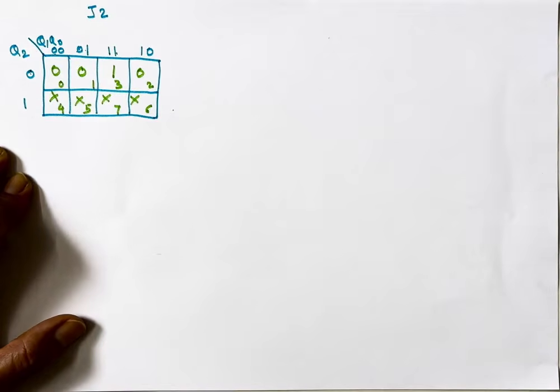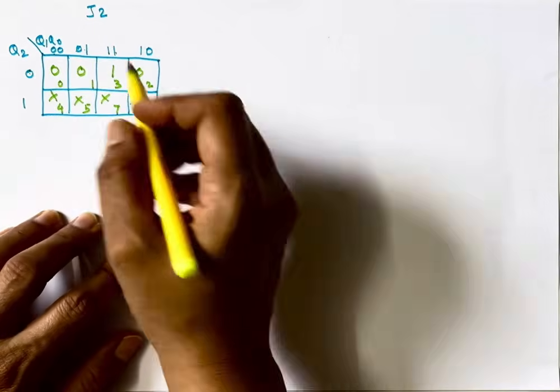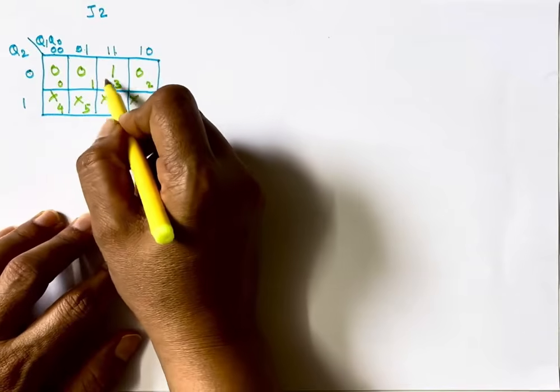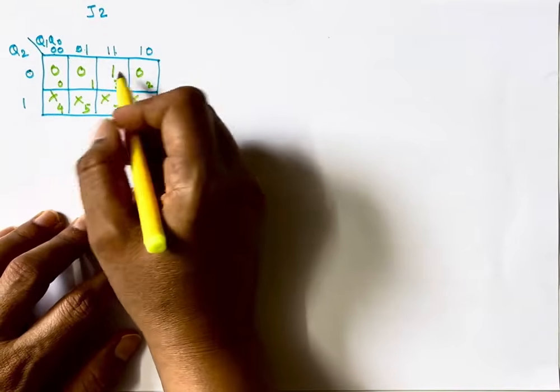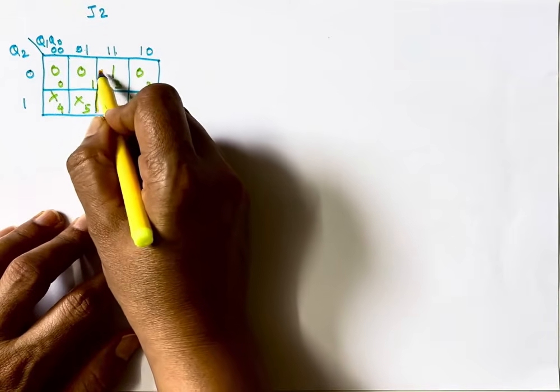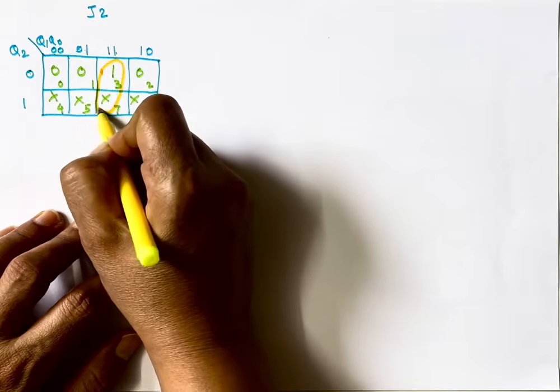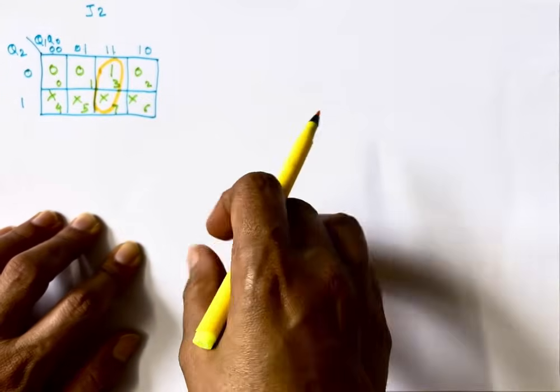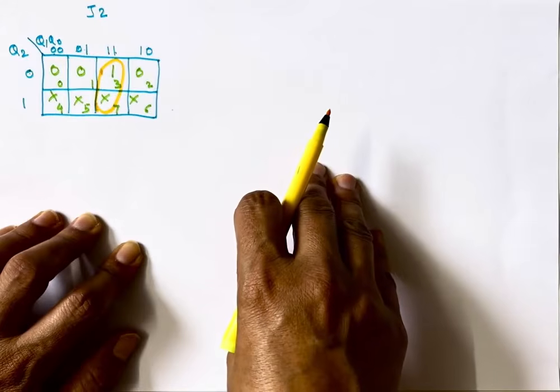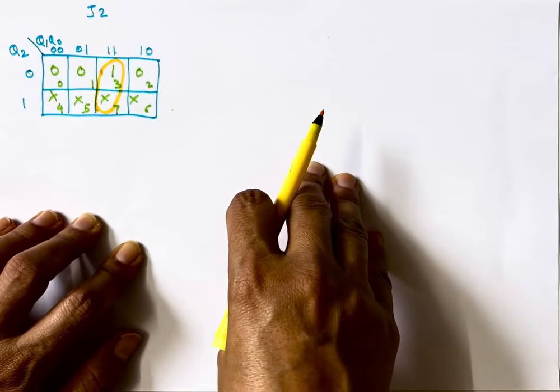Here you need to make groups of ones. You can make groups of ones either with adjacent ones or overlapping ones. There is only one, and the beauty of don't care is that you can consider them as 0 or 1 as per your requirement. It is the designer's choice.